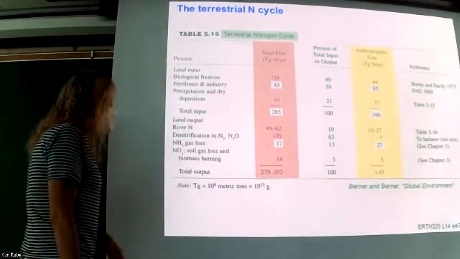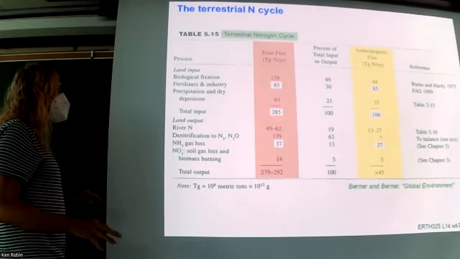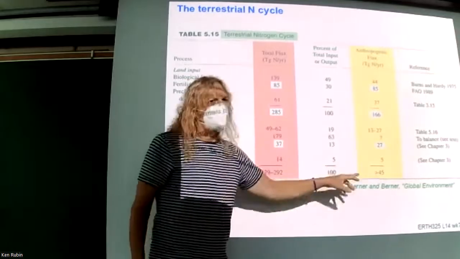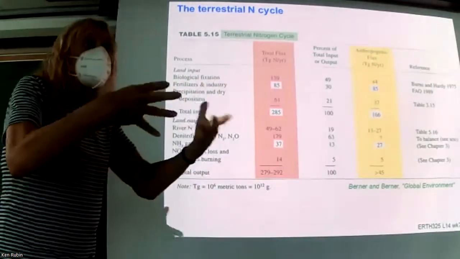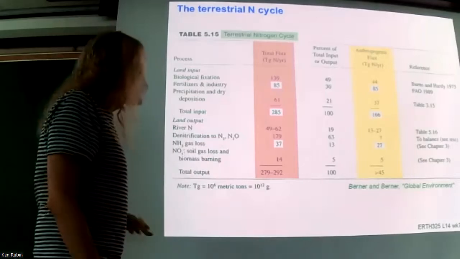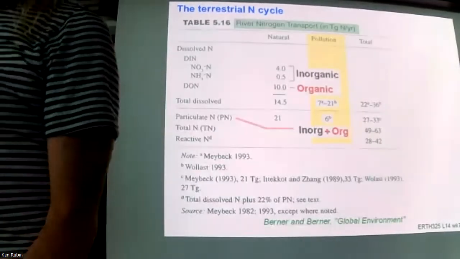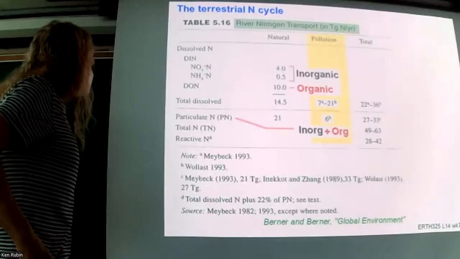But interestingly, humans have had more impact on the inputs to the land than on the outputs, which gives you some idea that maybe some nitrogen is building up and being stored in this very gross generalized model.